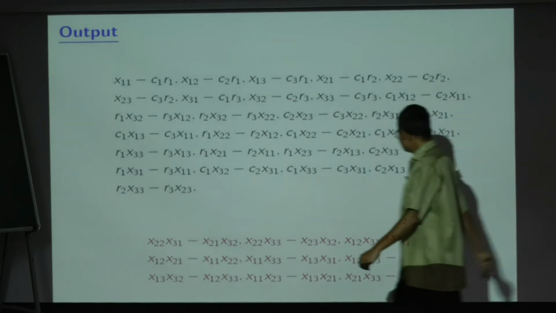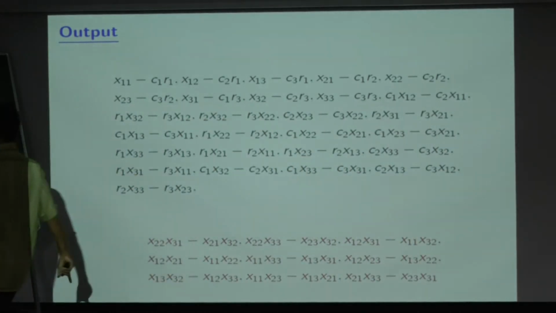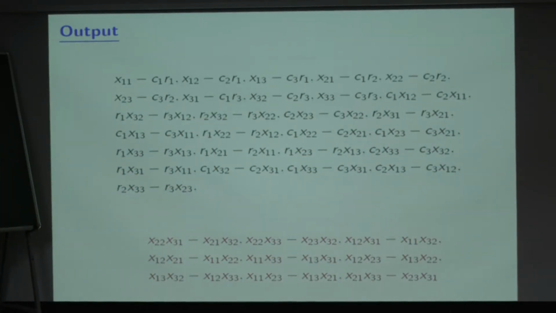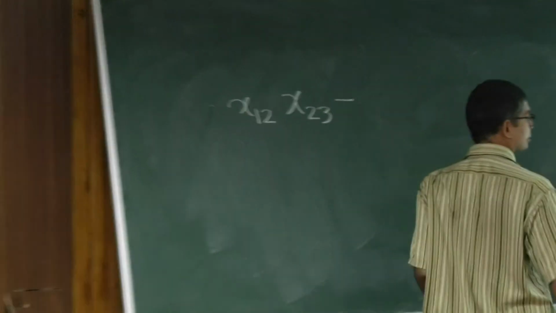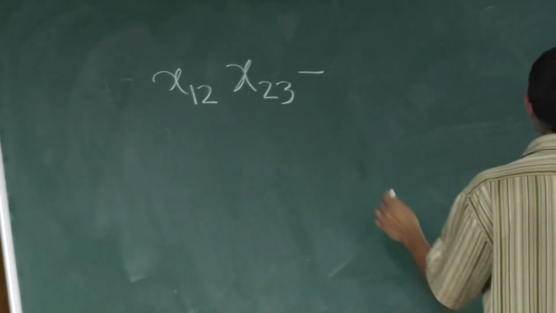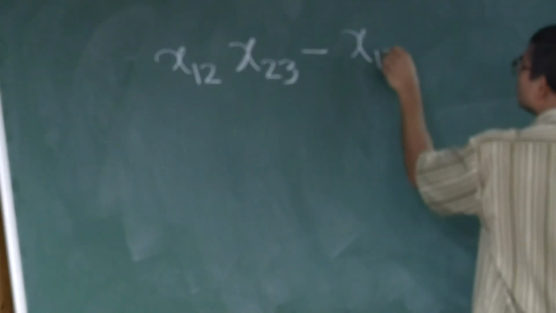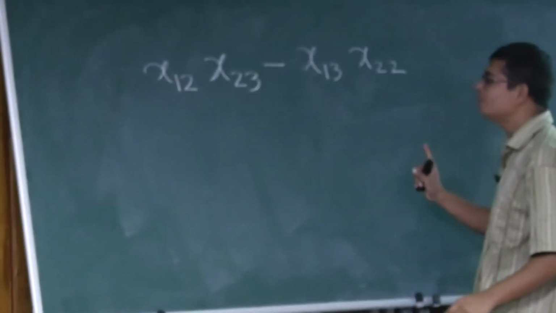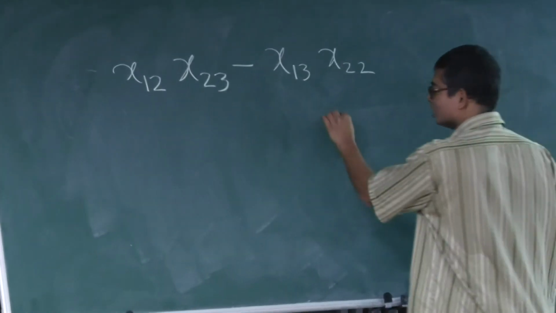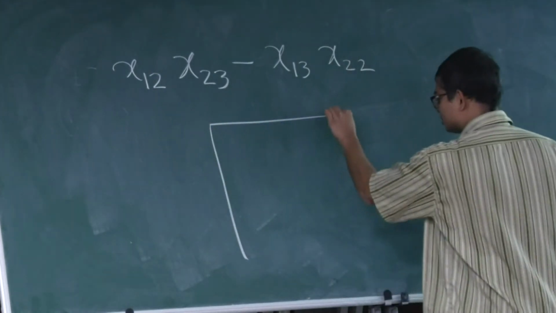Suppose I pick something, say x12 x23 minus x13 x22. I want to convert this into a 3 by 3 table with 0 marginals. And this is the way I am doing it.